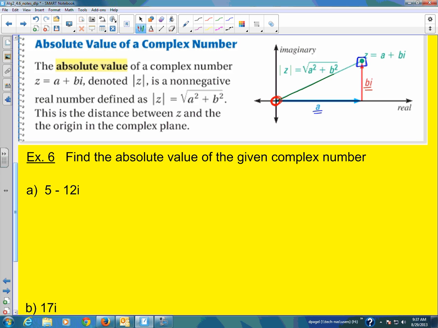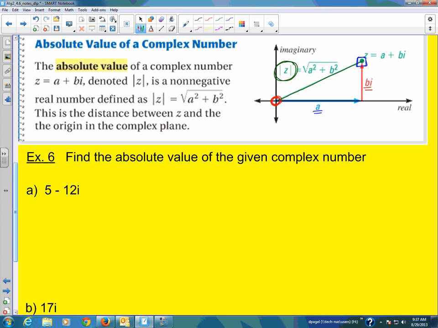So there's my hypotenuse length. That's the distance that we want from our origin out to that point. And so we're saying that the absolute value of some number, in this textbook we're using the absolute value bars to denote it, is found by the square root of a squared plus b squared. And again, it's derived from the Pythagorean theorem.